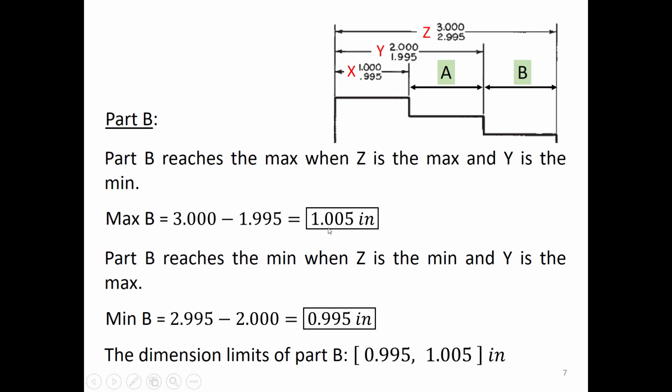And a similar thing, the smallest B is going to be when Z is the smallest and the y is the largest, which is 2.995 subtract 2. So this is the smallest size of B, and the dimension limits of B is this range.